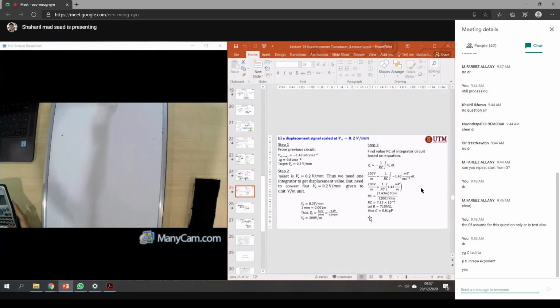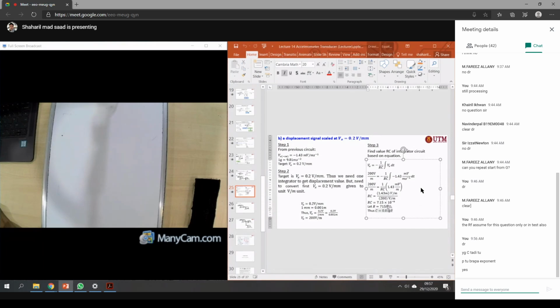Here, 715 times 10 power of 6, you times 0.01 times 10 power of minus 12. Yep, P is pico. This one, P is pico, that means 715 times 10 power of 6. M is power of 6, right? And then P is power of minus 12. We got this one.